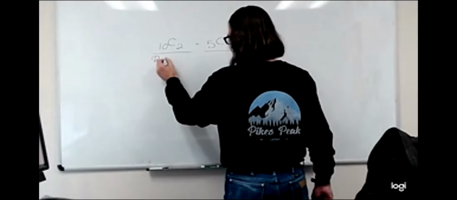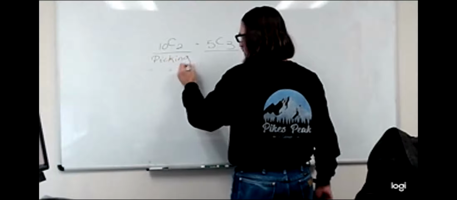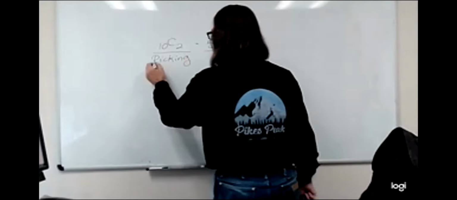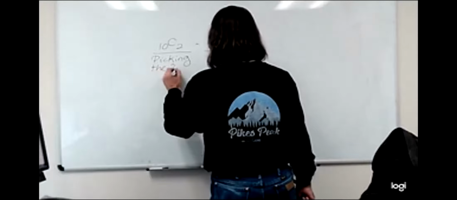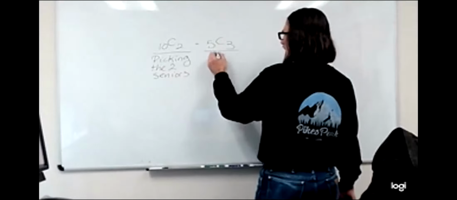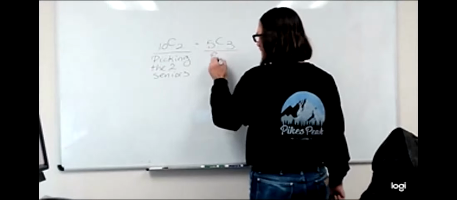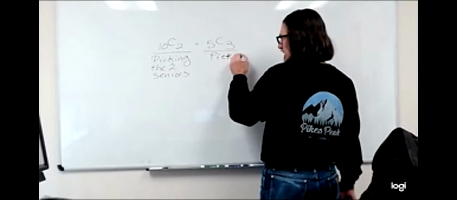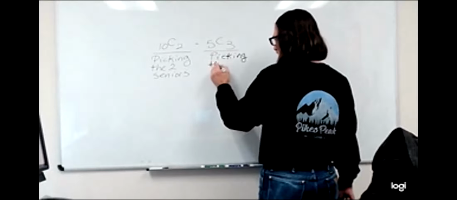This is picking the seniors. That's one overall task. And this is from the 5 juniors, picking 3 of them. Again, no repetition, no order.